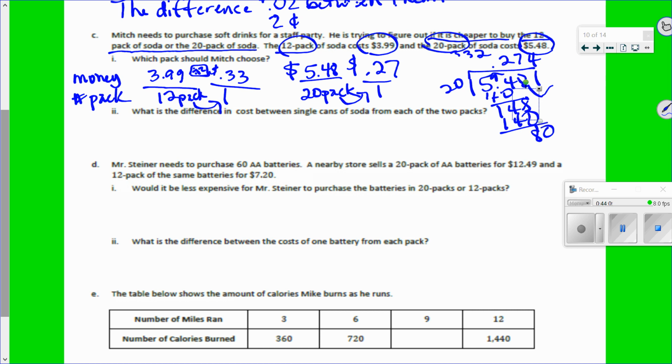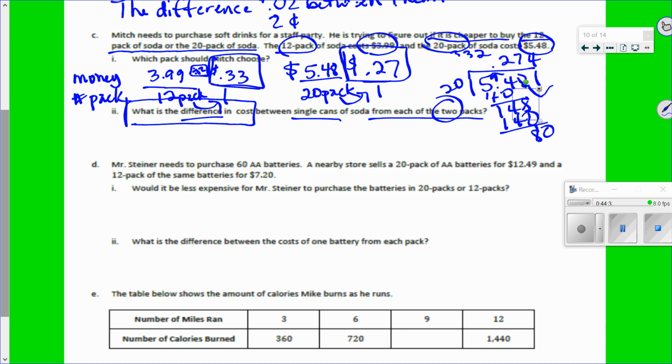So what is the difference? Here are my 2. What is the difference, here's my question, in cost between single cans of soda from each of the 2 packs? What is the difference between 27 cents and 33 cents?